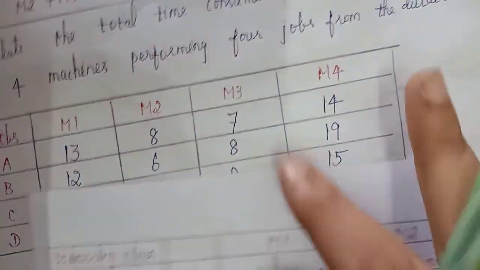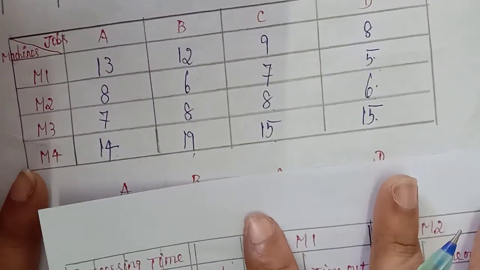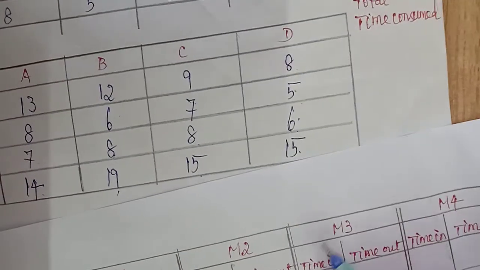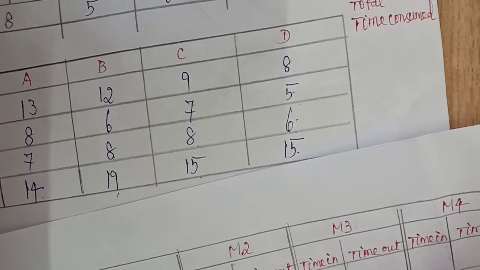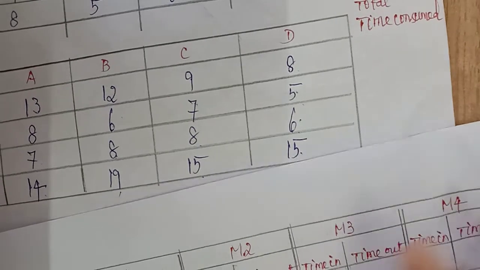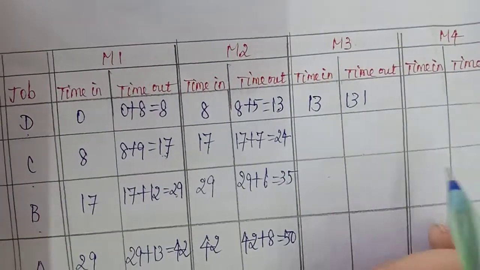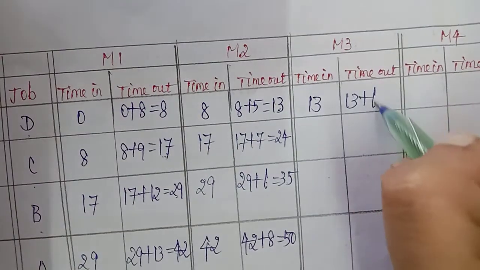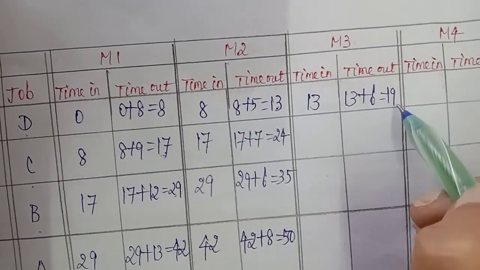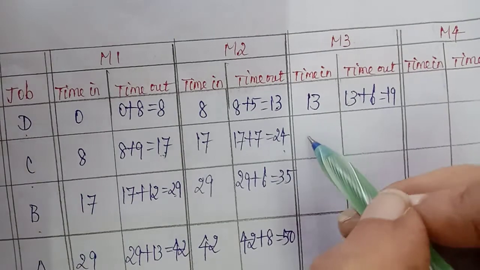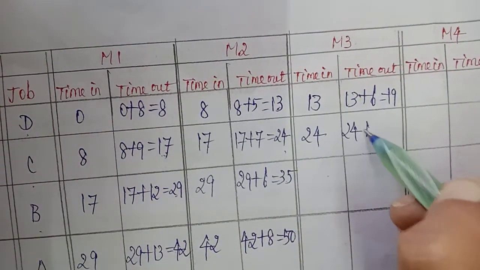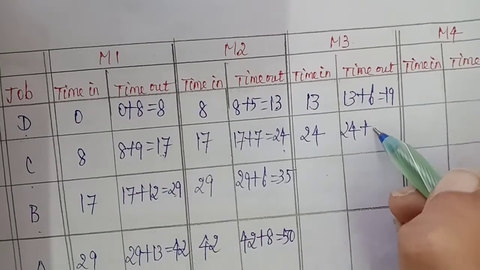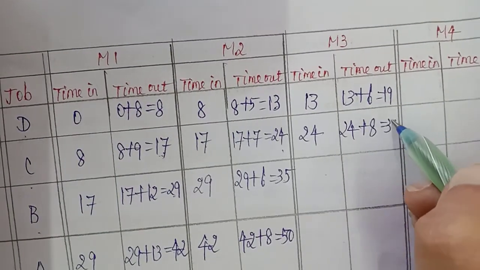Okay, you have to write 6, 8, 8, 7. Now you write this 13. With 13 you add the corresponding processing time. 13 plus 6 is equal to 19. You compare 19 with 24. 24 is the largest value, so 24. Then 24 plus 8, 32.